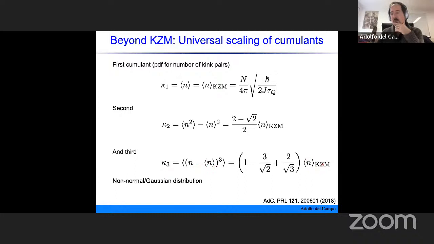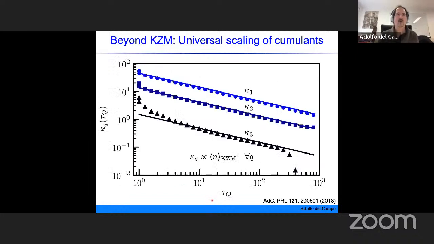It's also proportional to the Kibble-Zurek density times a different prefactor. So the fact that we have a non-zero third cumulant tells us that the distribution is actually not normal. Before, I presented a Gaussian approximation, but there's a theorem that tells us that there are infinitely many non-zero cumulants, and so the distribution is not normal. As I say, the distribution is Poisson binomial. And what is the prediction here? So far, we can plot the cumulants versus the quench time.